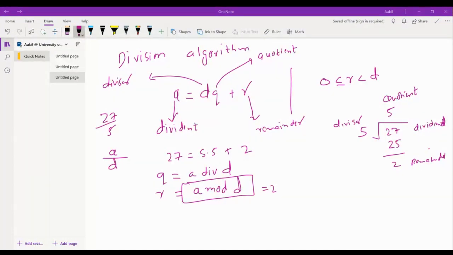Now, there is another concept which is called as congruence.